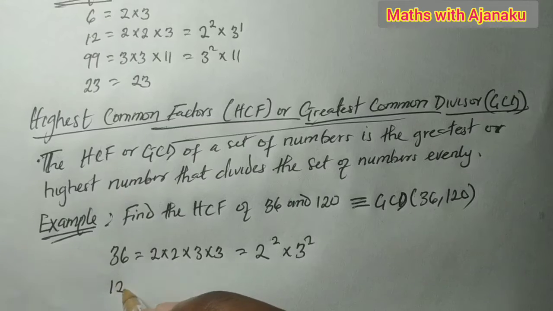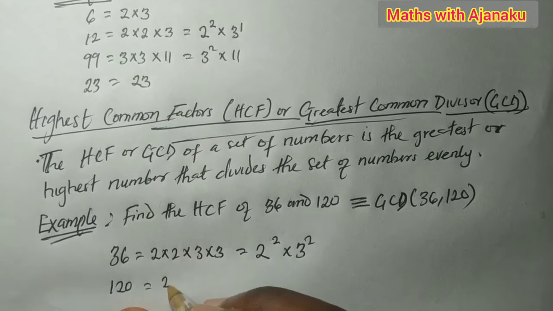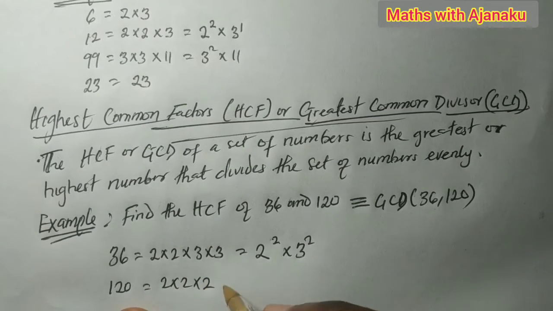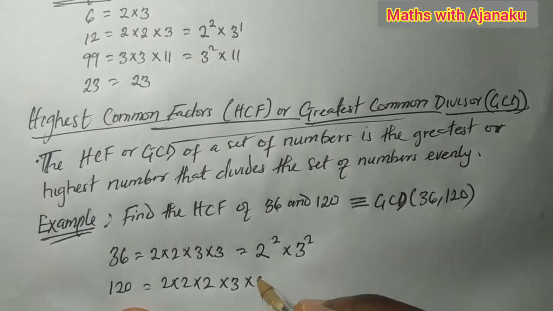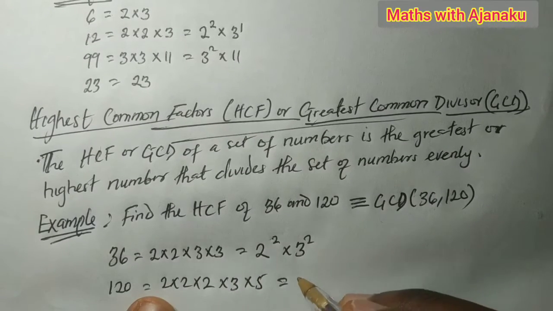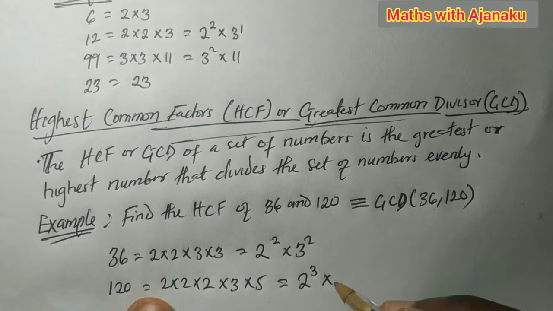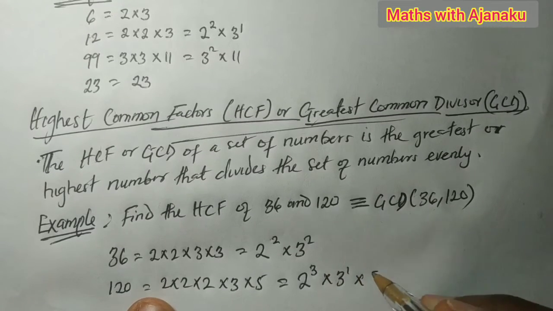Then 120 can be written as 2 times 2 times 2 times 3 times 5, which is also the same thing as 2 raised to power 3 times 3 raised to power 1 times 5 raised to power 1.